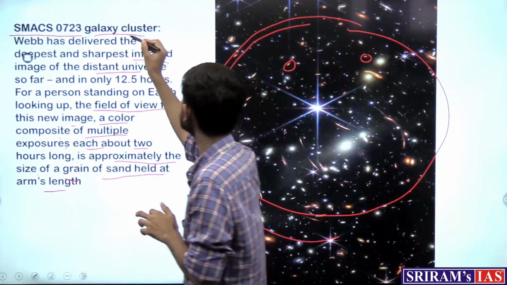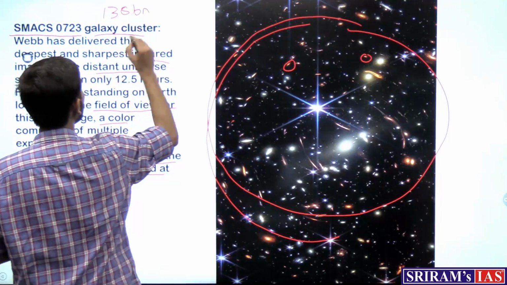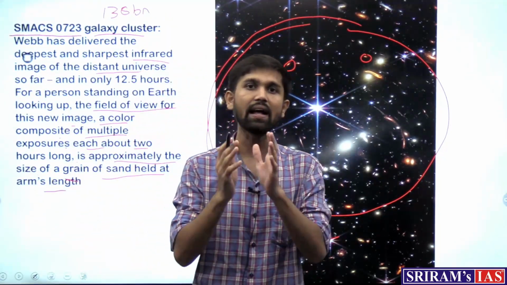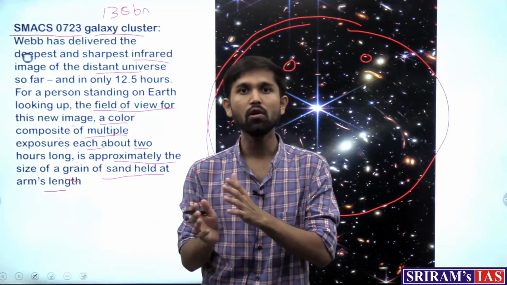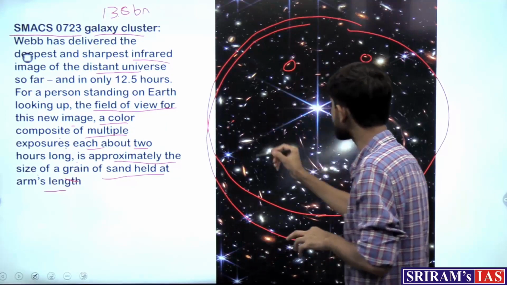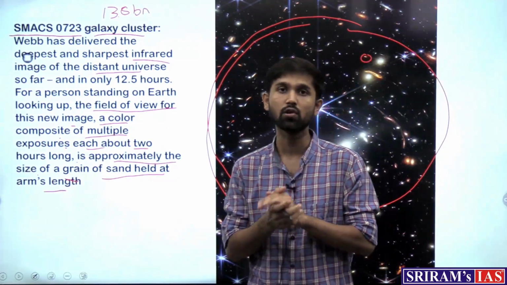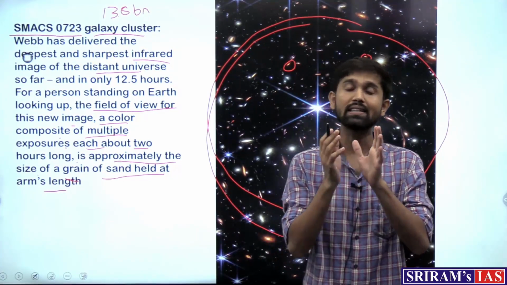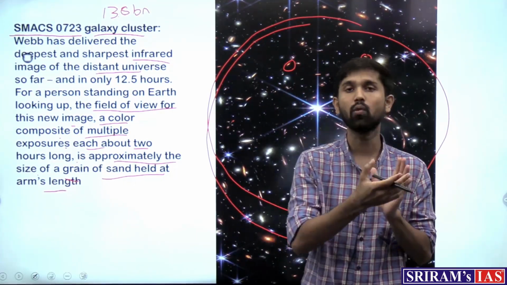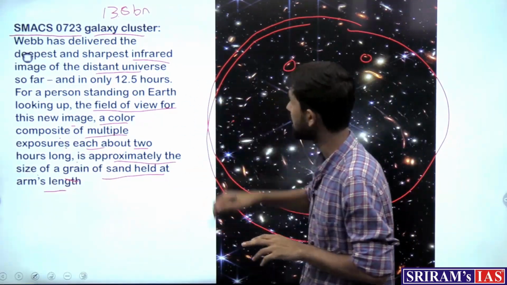The Big Bang happened around 13.8 billion years ago, which means that 13.8 billion years ago there was nothing, and suddenly there was an explosion from which the origin of this universe began. Some of these galaxies which the telescope has captured are around 13 billion years old, which means that they are as fresh as the universe was at that period of time. So this is the first surprising thing about this image.